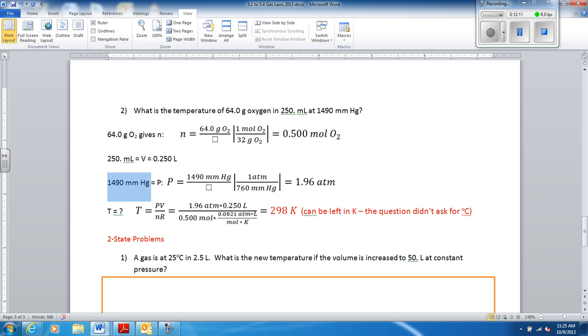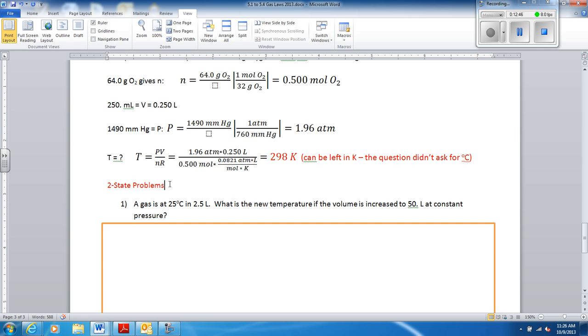Pressure was given in millimeters mercury, but I need to convert that to atmospheres because the universal gas constant has atmospheres in it. So, as in the previous example, we want to isolate the unknown, which is temperature. So isolating T in the ideal gas law gives you T as PV over nR. We plug in the variables to get 298 Kelvin. And the question did not specify what units they wanted the temperature in, so we can just leave this in Kelvin.